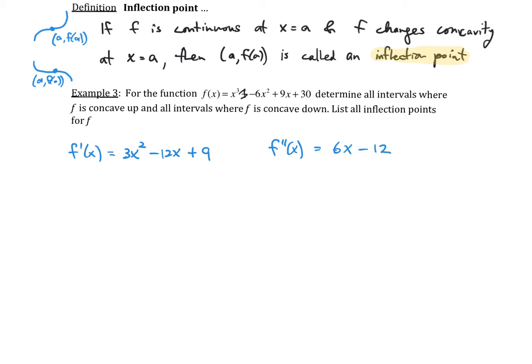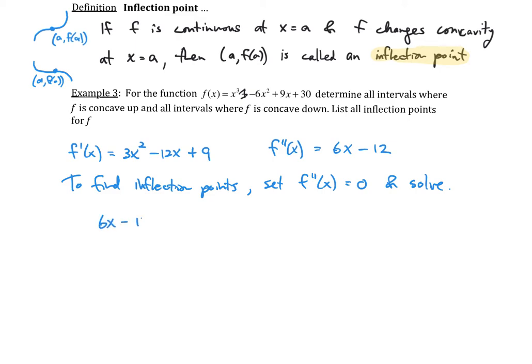Okay, so to find the inflection points, what we're going to do is we're going to set our second derivative equal to 0 and solve it. So when I do that, I'm going to take 6x minus 12, set that equal to 0.